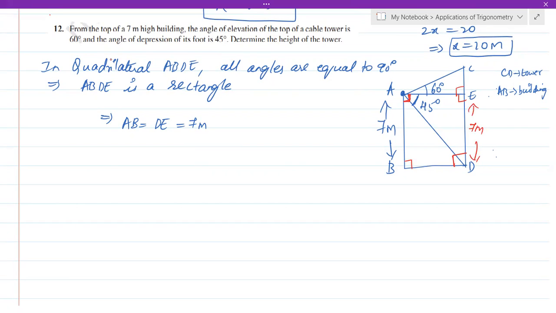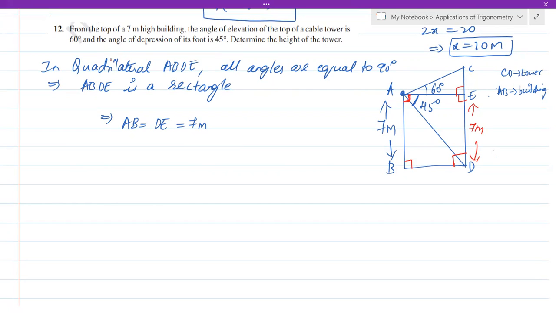Now to find the height of the tower, CD is the tower, right? If you know the value of CE and add it to 7, the problem is done. So we have to know the value of CE. AEC is a right angle triangle, and we are supposed to find the opposite side CE.